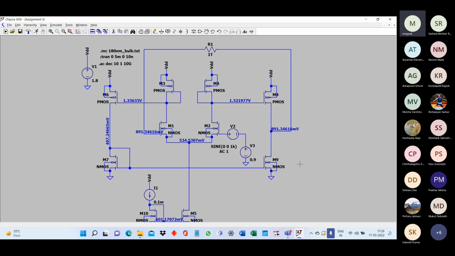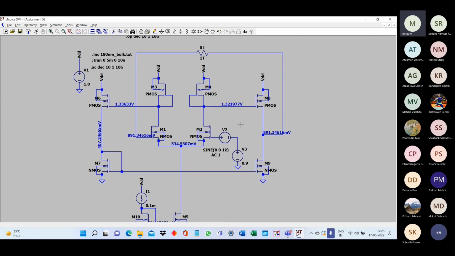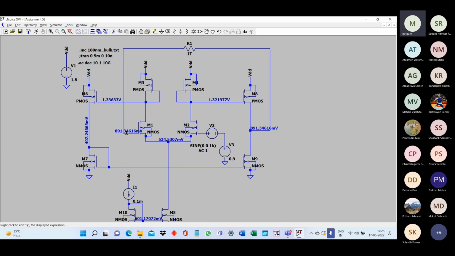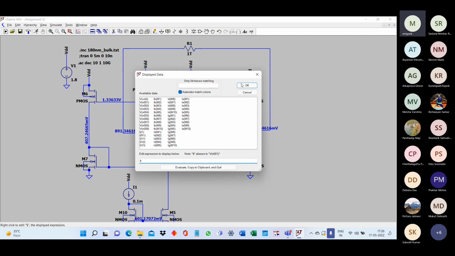You can connect a DC voltage of exactly this value, 0.89134, and then disconnect the resistor. That will get rid of the resistor, and then we can look at the open loop response. That is just going to help us in getting the appropriate DC bias.